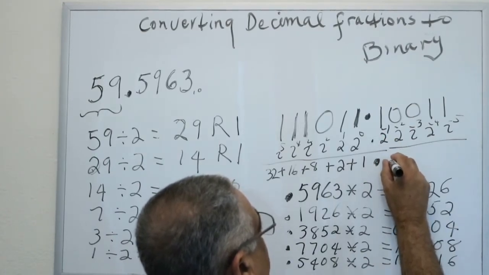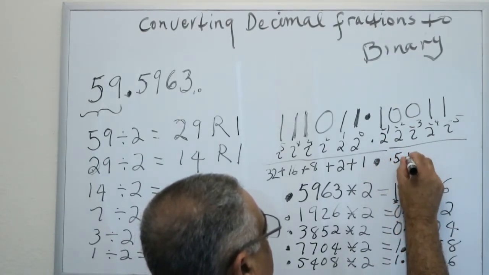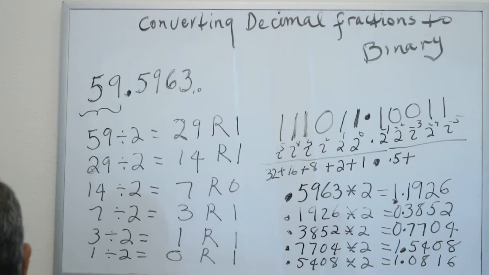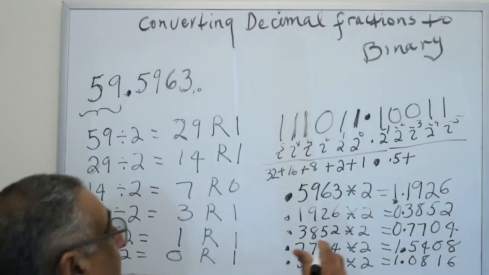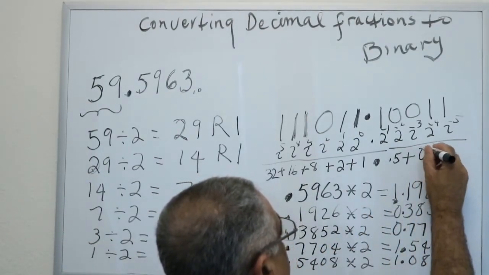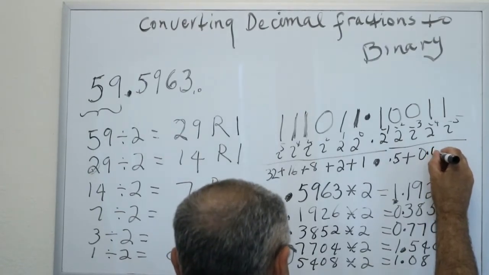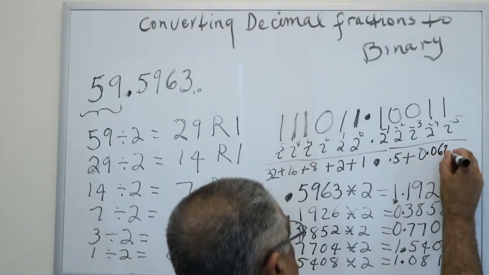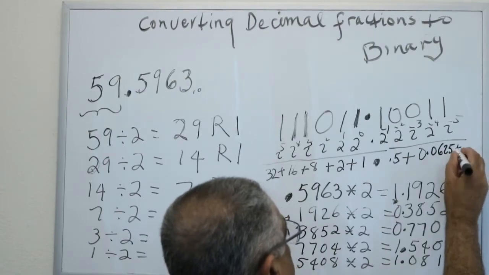So this is going to be 0.5 plus 2 to the fourth, so that's 1 over 16. If I take 1 over 16, this number here is 0.0625 plus.